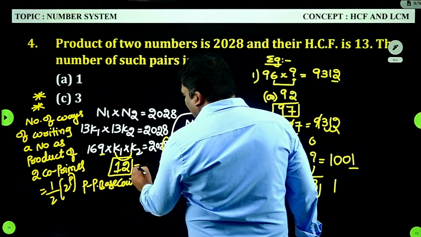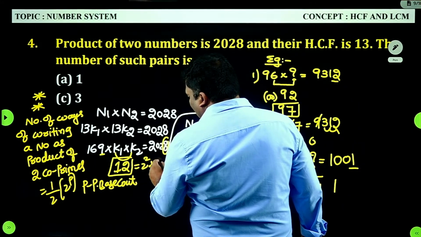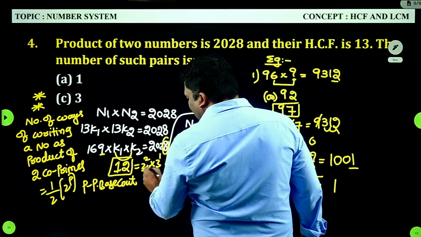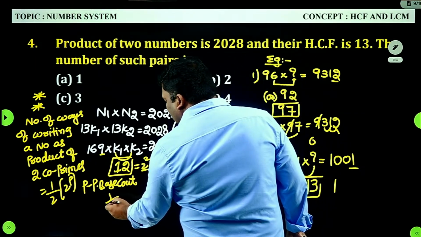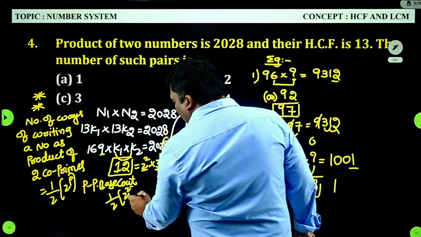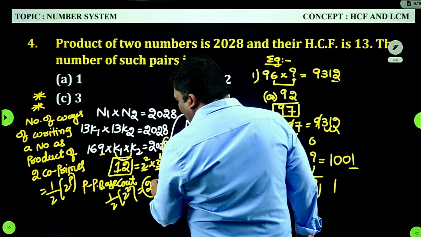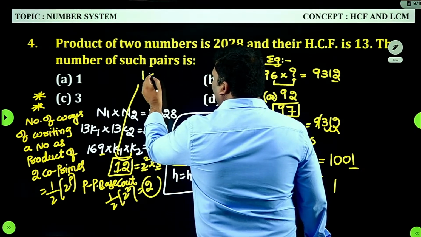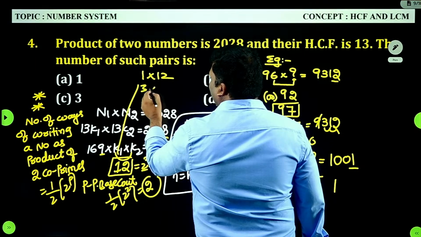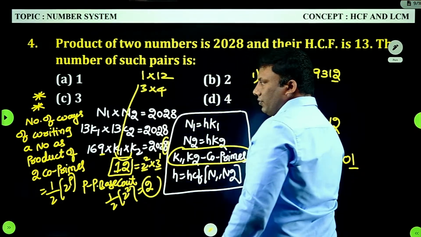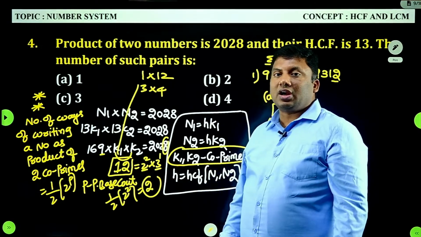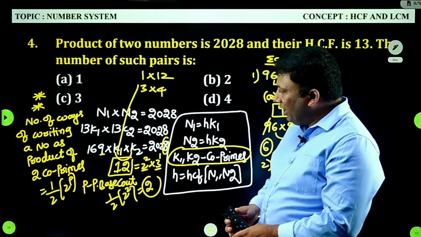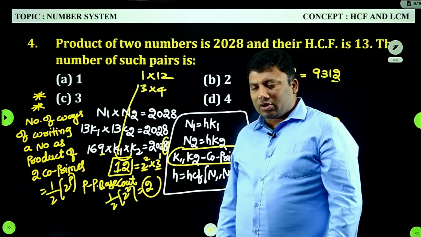What is p? 12 can be written as 2 square into 3 power 1. This is one prime base, this is another prime base. The answer is 1 by 2 into 2 square, 4 by 2, 2. What are the two ways? 1 into 12 and 3 into 4. Reverse we should not take because variables are not present in the question.